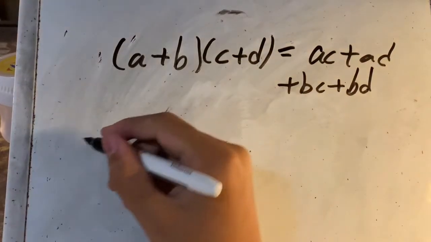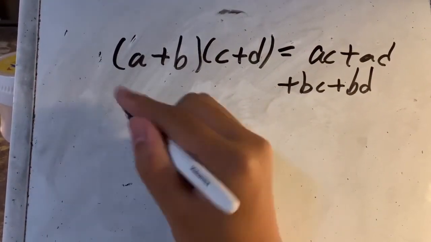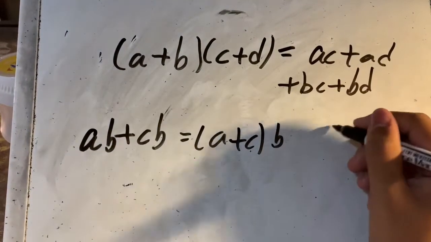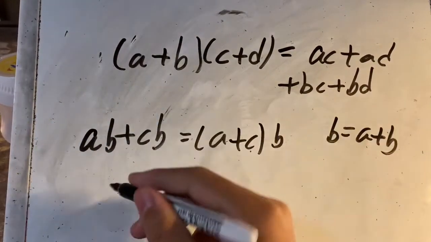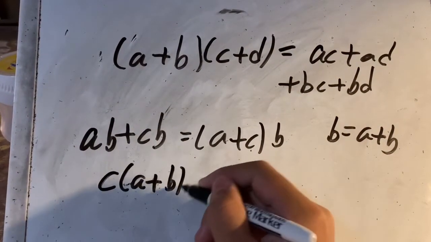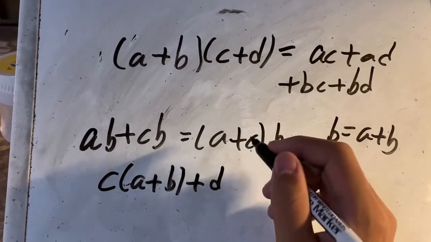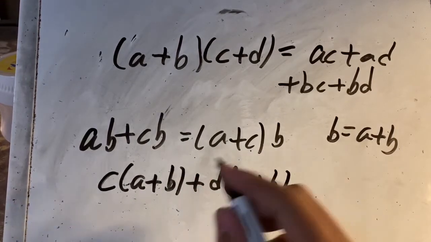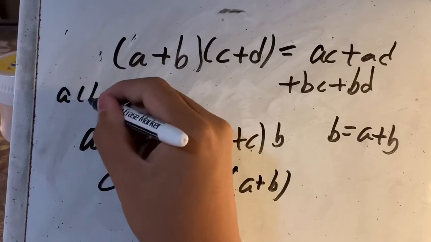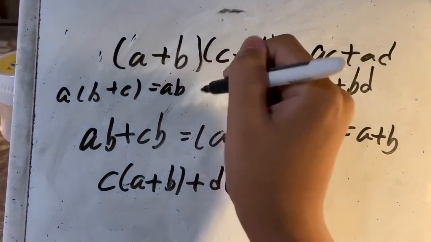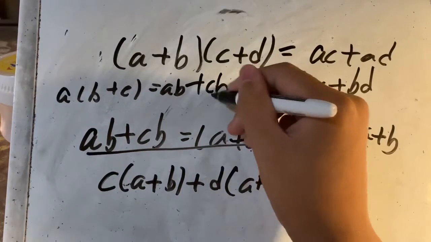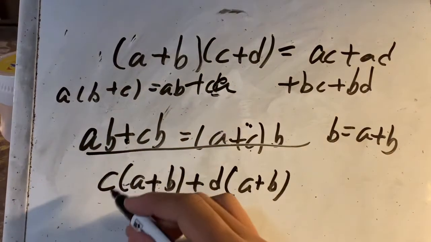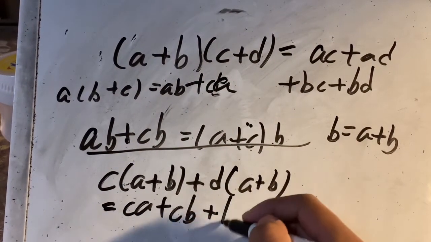How are we able to get it? Since we know that AB plus CB is equal to A plus CB, we make B equal to A plus B, and then we can make it into this, CA plus B. After that, using the law of expansion, which is the opposite way of calculating from here to there, this will be equal to CA plus CB plus DA plus DB.